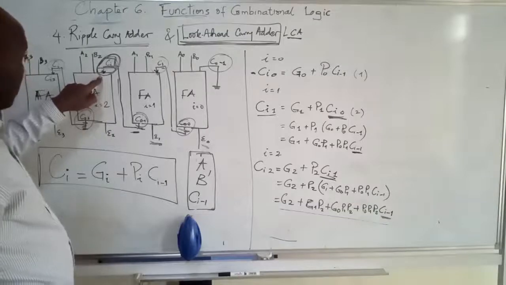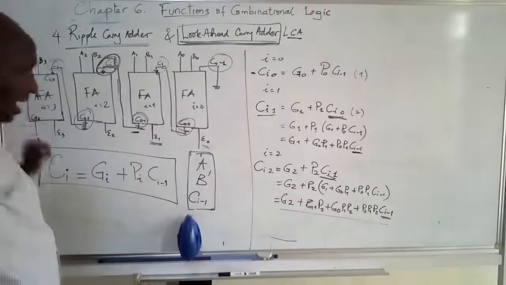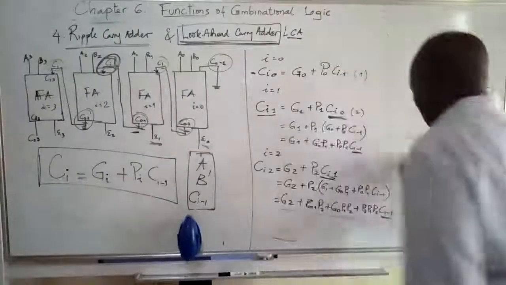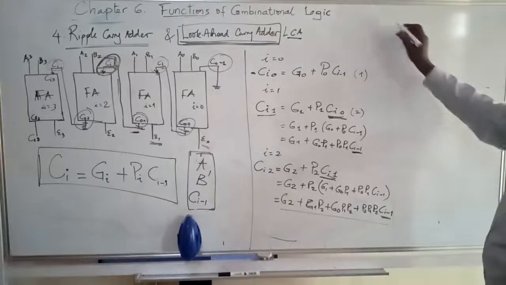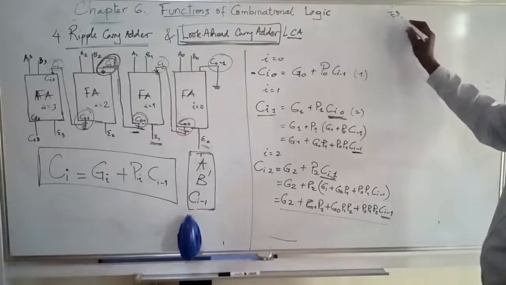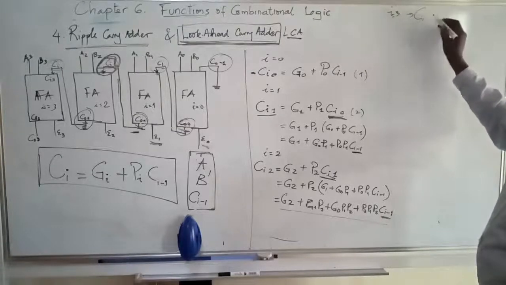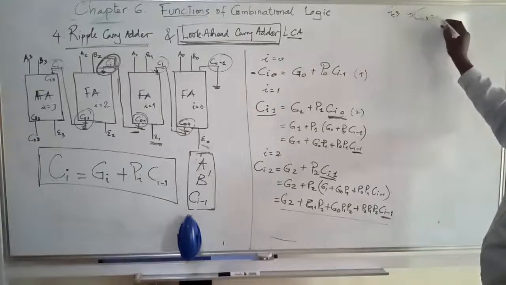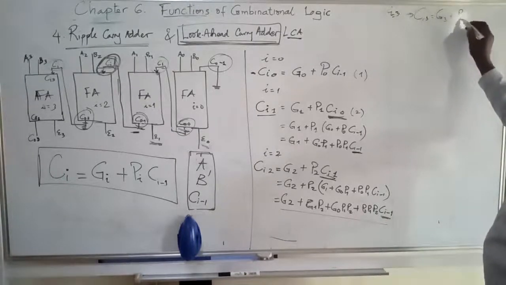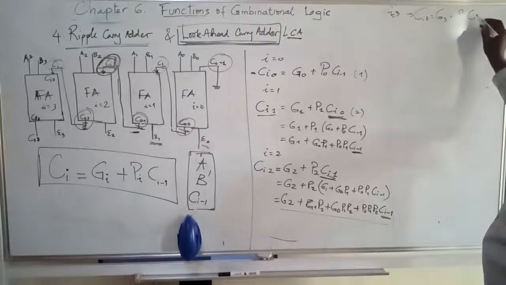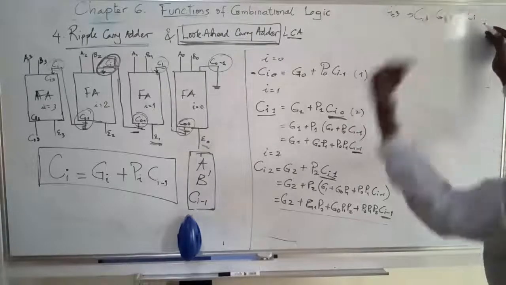See? If I is 3, it will be the same. So we will have C in 3 equal to G3 plus P3 C in, so the previous one minus 1.